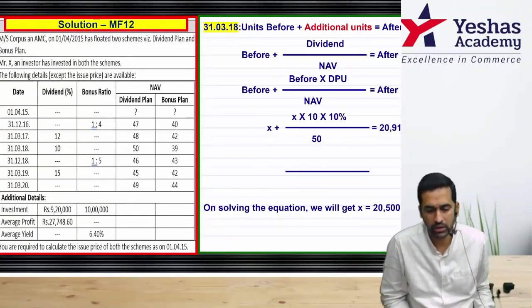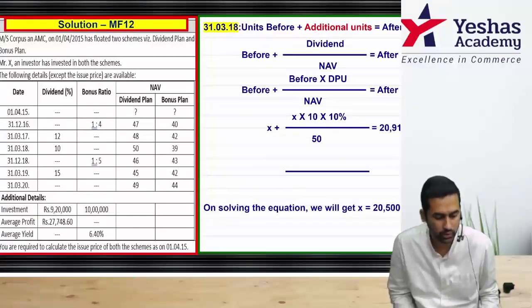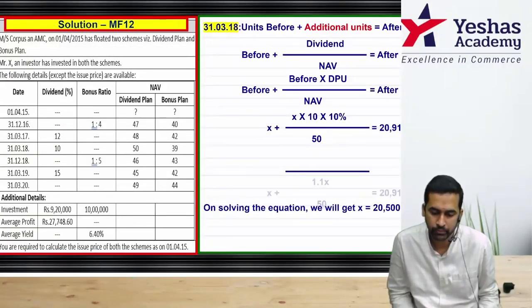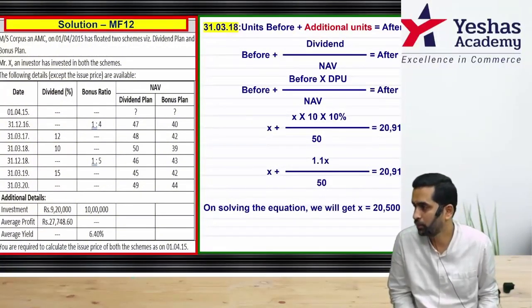So the equation is this now: X plus X into 10 into 10%, and that day NAV was 50 rupee. 50 because you're in the dividend plan. Don't take 39, you're not in the bonus plan. That should be equal to 20910. Again, a small equation: X plus 1.1X by 50 is equal to 20910.